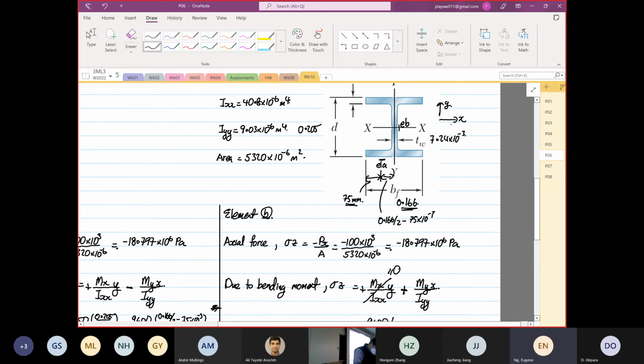The x distance is going left to right. So at B, it's equal to 7.24 times 10 to the power minus 3 divided by 2.